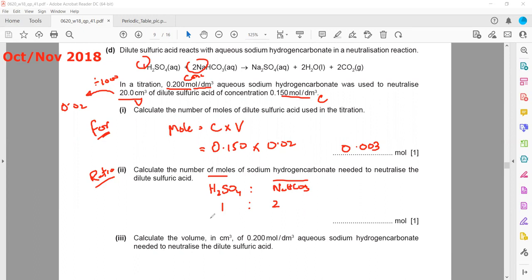So if we have 0.003, then this will be X. Cross multiply. So when we cross multiply, 0.006 moles will be there for sodium hydrogen carbonate.